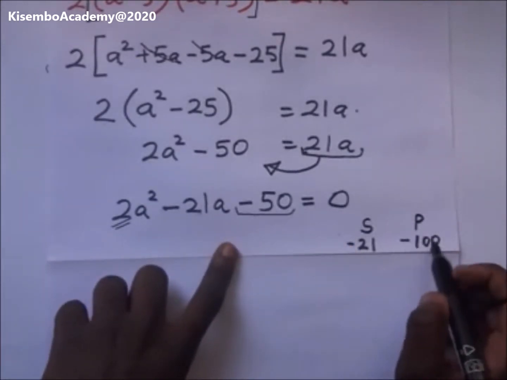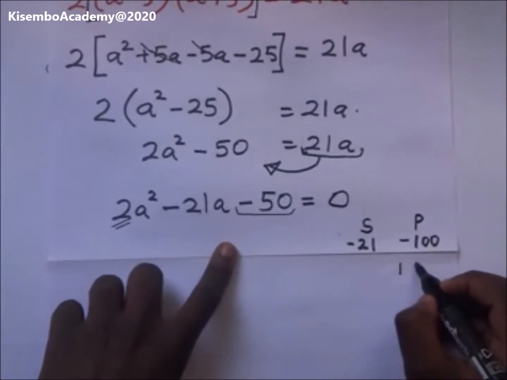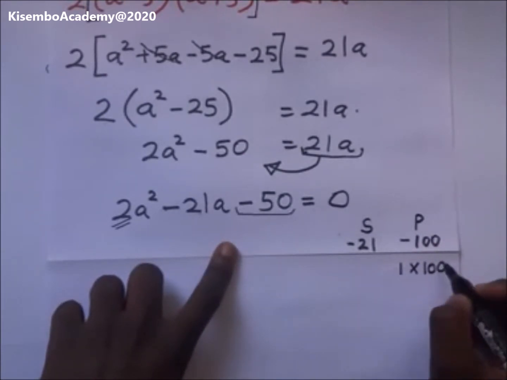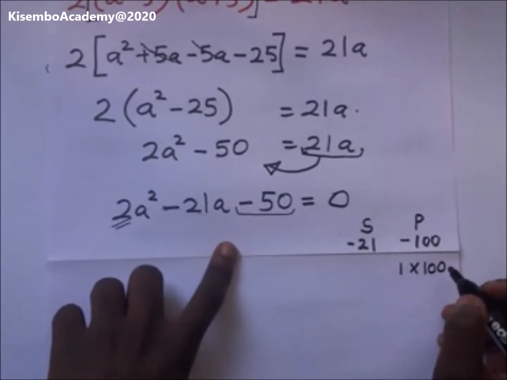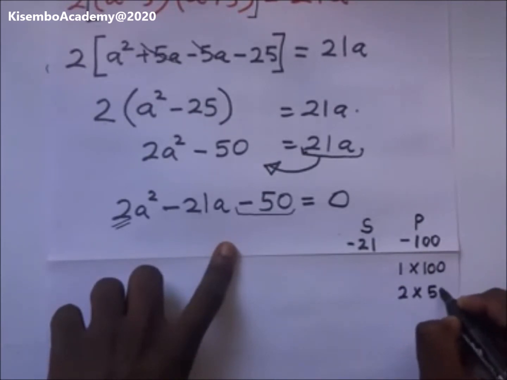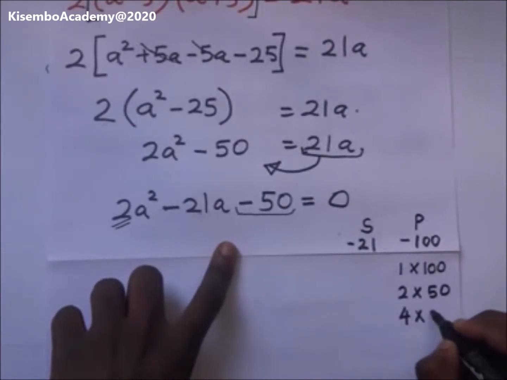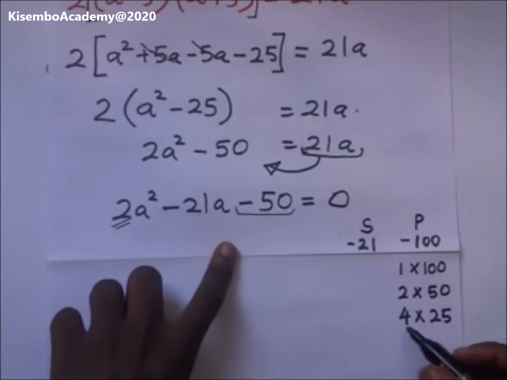So the factors of 100 here, we have 1 times 100. We have 2 times 50. We have 4 times 25. Now if you look at 4 and 25, if we manipulate these two, they can give us what we want.